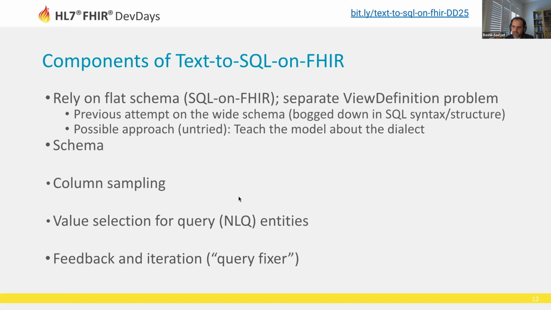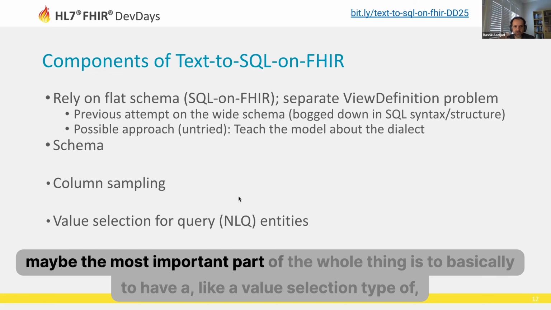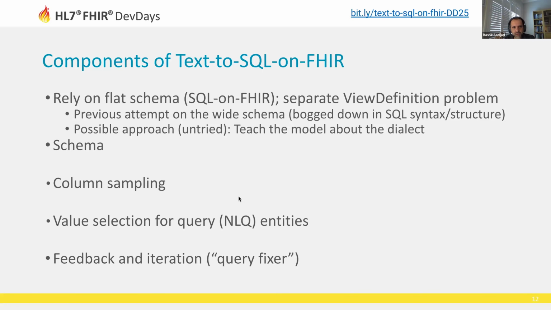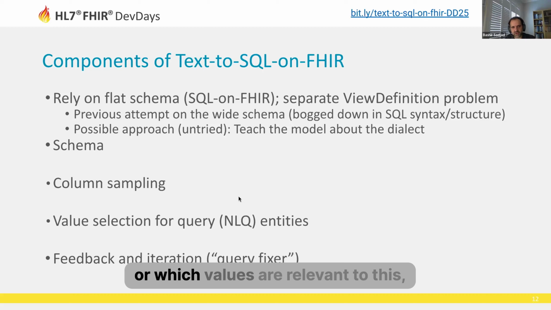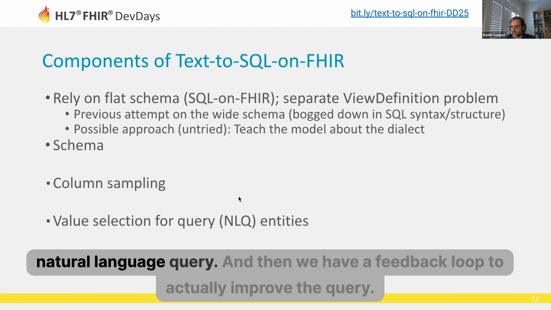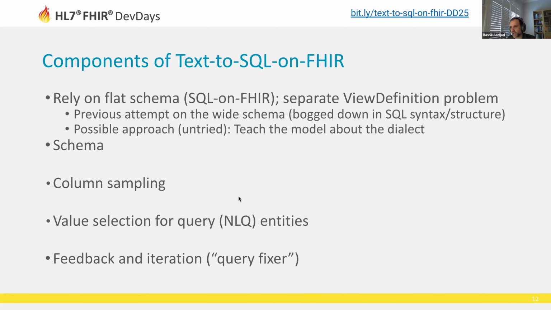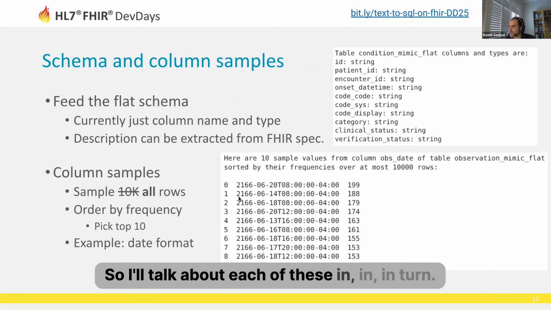And then maybe the most important part of the whole thing is a value selection method to help the language model decide which fields or which values are relevant to this natural language query. And then we have a feedback loop to actually improve the query.